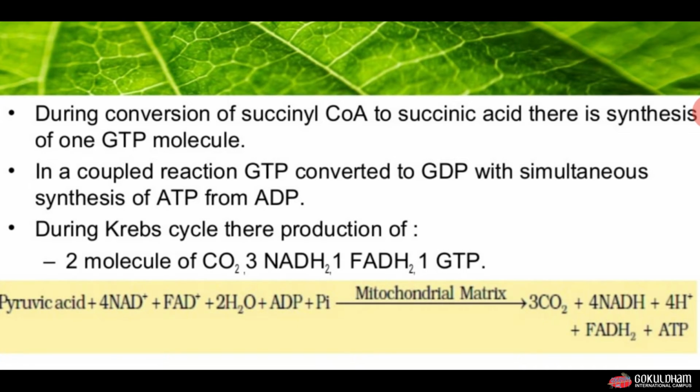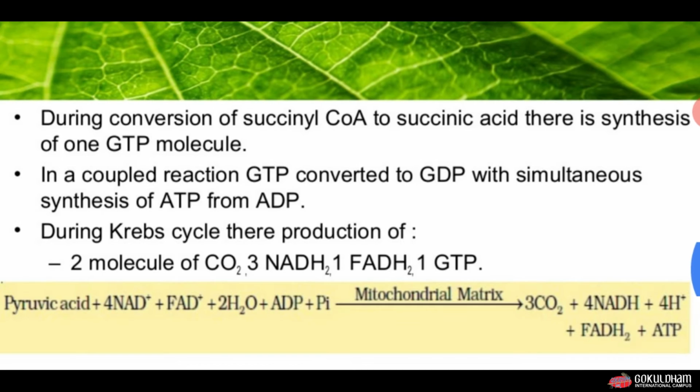In a coupled reaction, GTP is converted to GDP with the simultaneous synthesis of ATP from ADP. During the Krebs cycle, there is production of two molecules of CO2, 3 NADH, 1 FADH2 and 1 GTP.